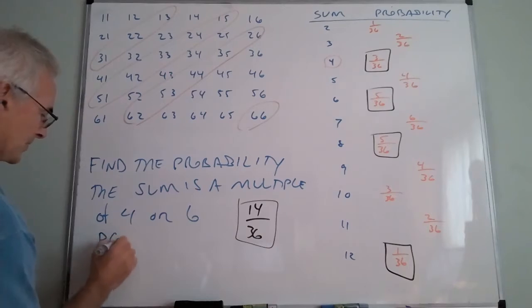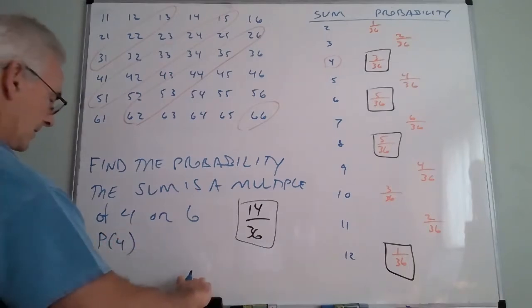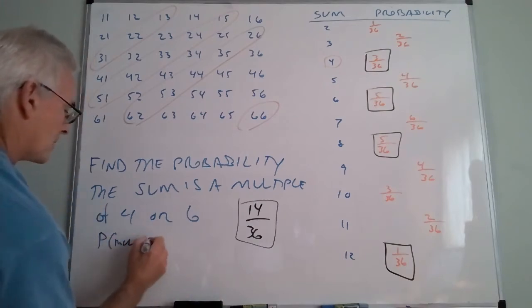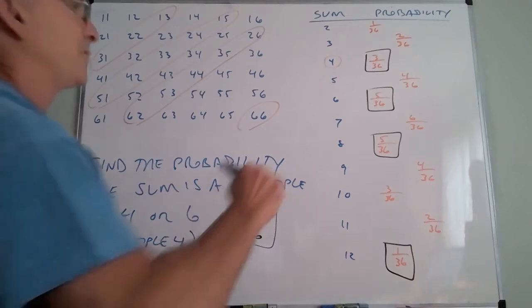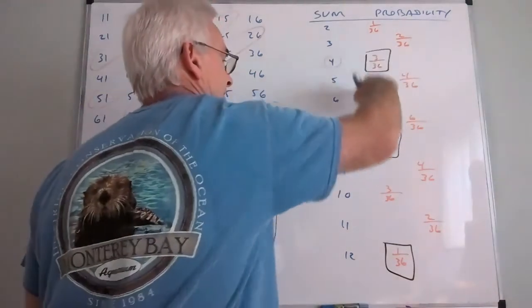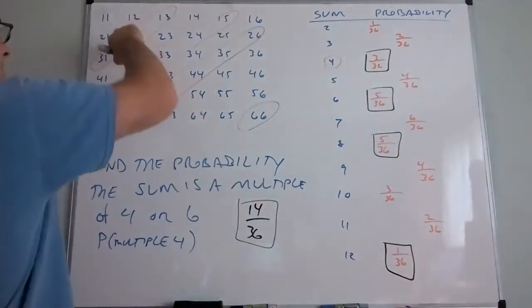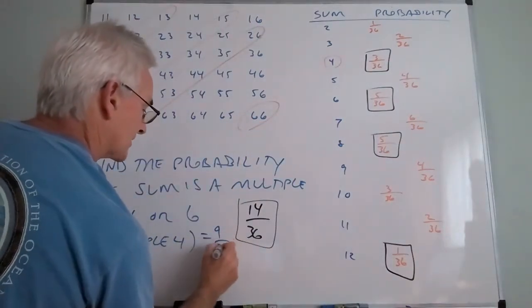What is the probability of rolling a multiple of 4? Actually, I'm going to write it this way. Multiple of 4. Sorry. What's the probability of rolling a multiple of 4? Will it be this, this, this? So I believe we circled 9 rolls that were multiples of 4. So there's no question that's 9 over 36.